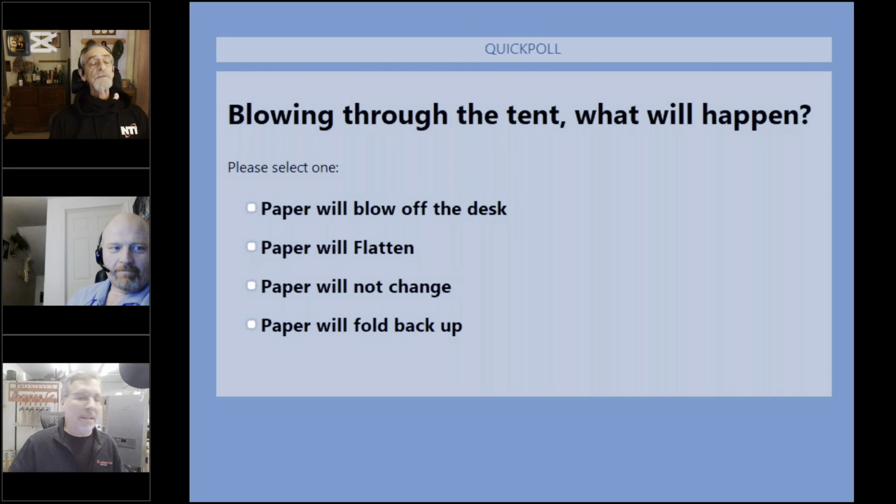So let's say, while you get yourself organized there, blowing through the paper will blow off the desk, choice A. Paper will flatten, choice B. Paper will not change, is C. And paper will fold back up, D. So what you're going to do is blow right down the middle of the tent, and what's going to happen to your paper?